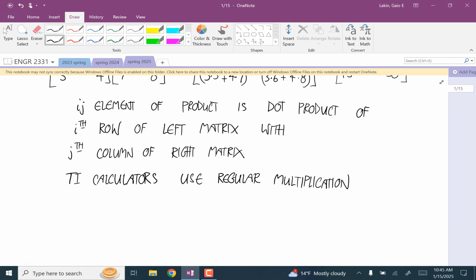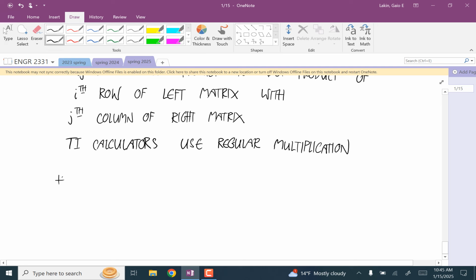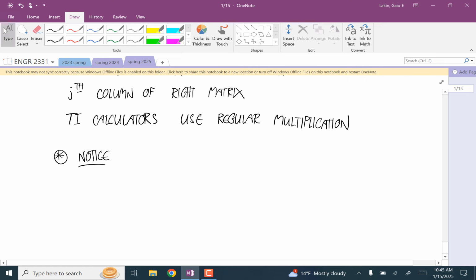Okay, there are a few things I want you to notice about this. Matrix multiplication between two matrices doesn't always exist. There are conditions that need to be met, because you can't take a dot product between two vectors that have different dimensions.